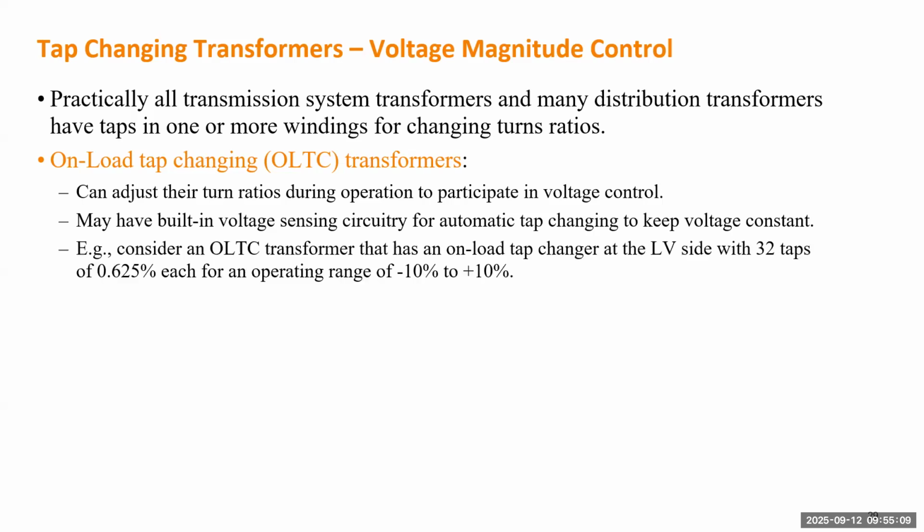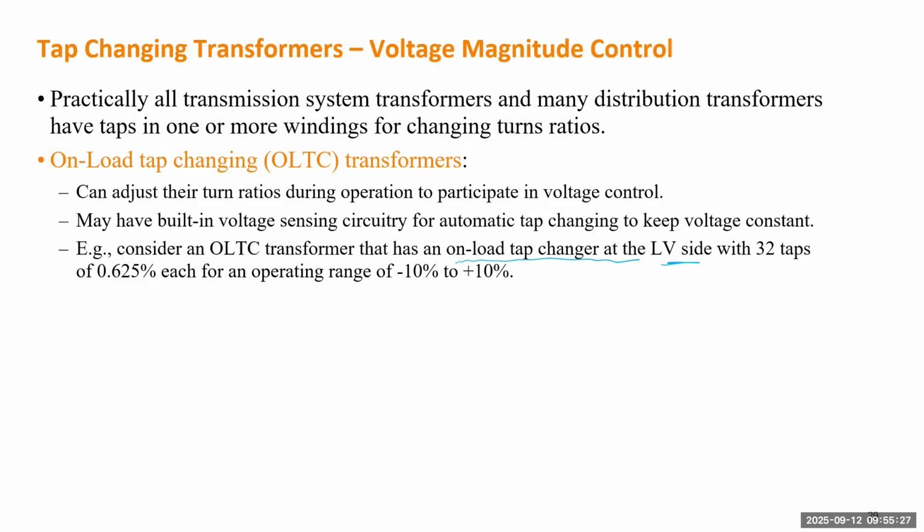So let's use one on-load tap changing transformer as an example. Assume we have on-load tap changers at the low voltage side with 32 taps, which means there are 32 locations for you to move the tap up or down.